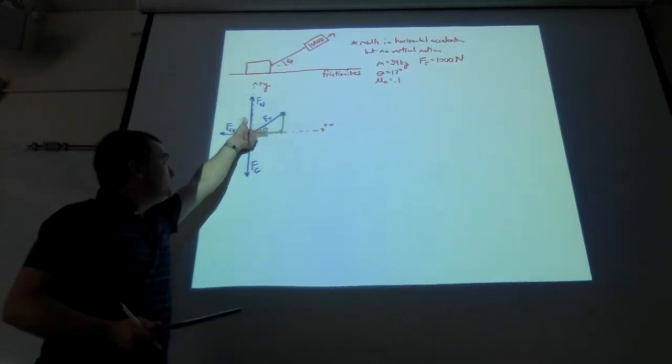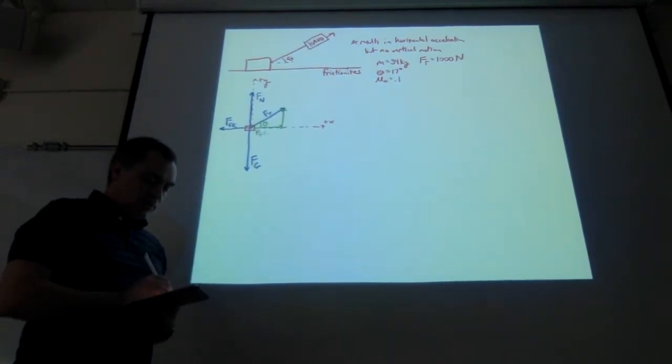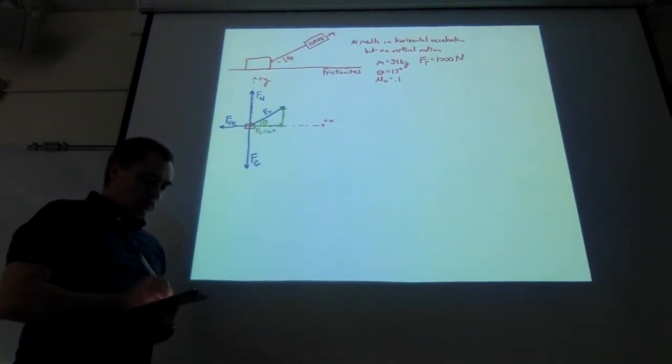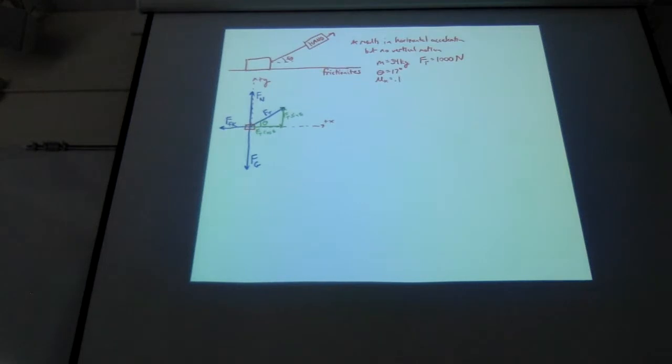Cosine. It's the adjacent side, so I know I'm going to use the cosine, so it's going to be FT cosine theta. And the other side is the opposite of that, FT sine theta. Notice they're both positive, to the right and up.